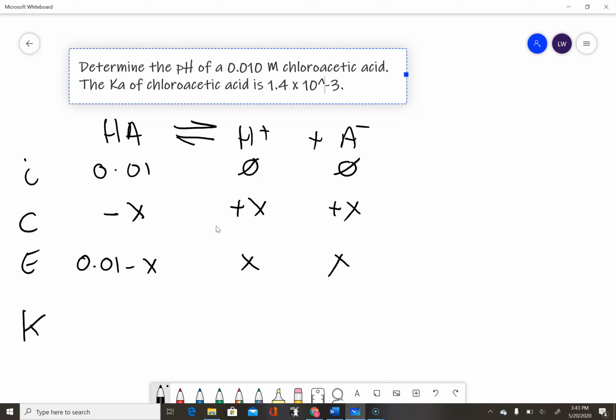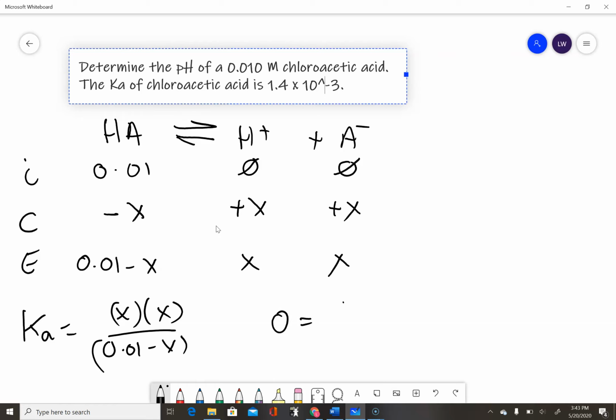And then Ka equals the concentration of my products divided by the concentration of my reactants. So what I'm going to do is rearrange this so that it equals 0.